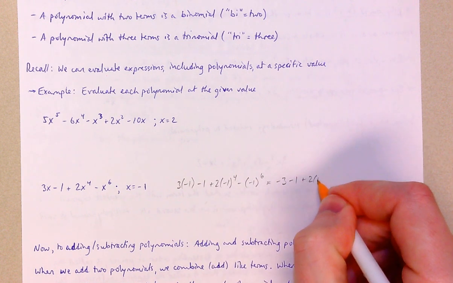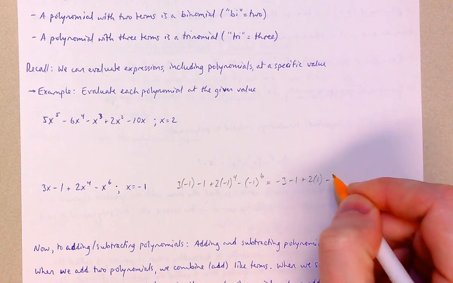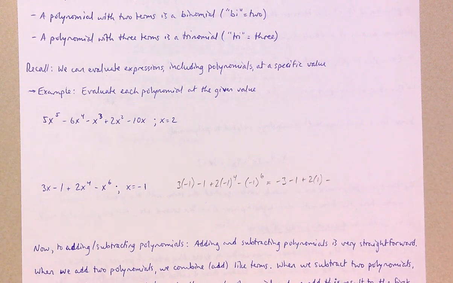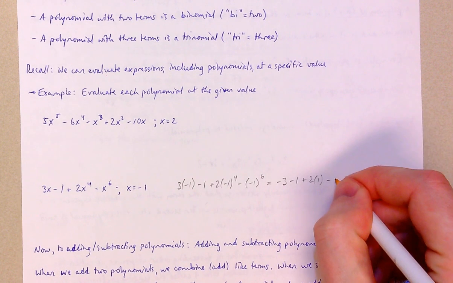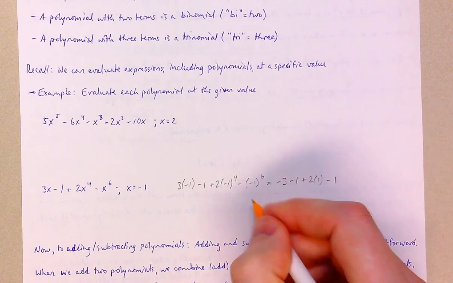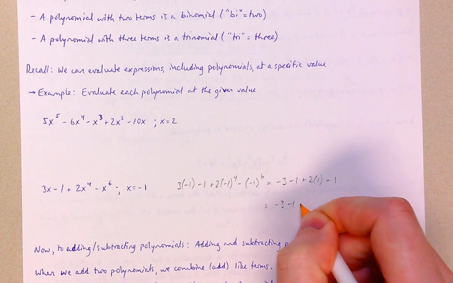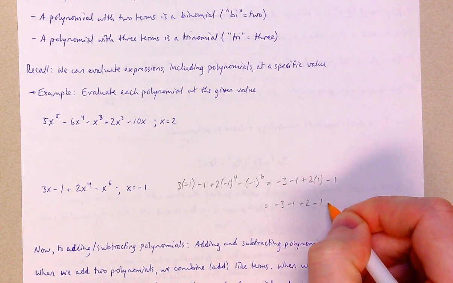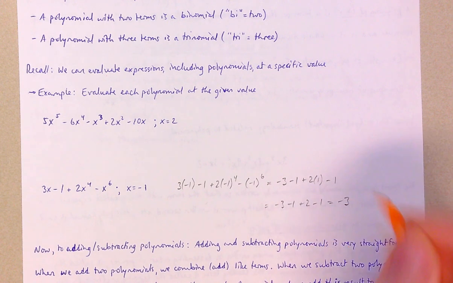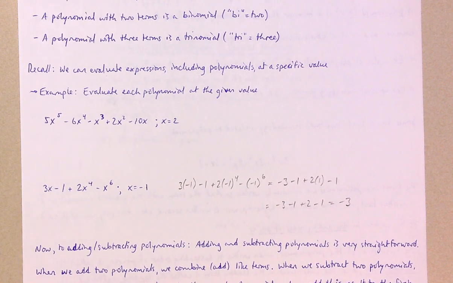So plus 2 times 1 minus, and negative 1 to the 6th power is going to be a positive 1. So minus 1. So I have negative 3 minus 1 plus 2 minus 1, and that is equal to negative 3. So as I said, try the first one on your own. We'll go through that in class.